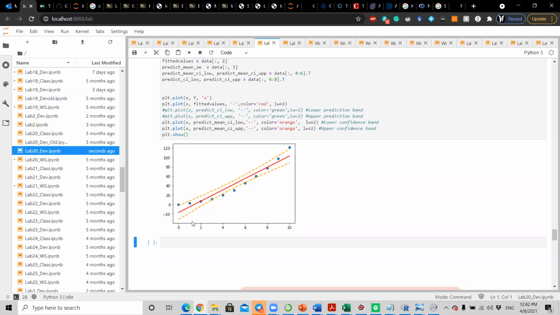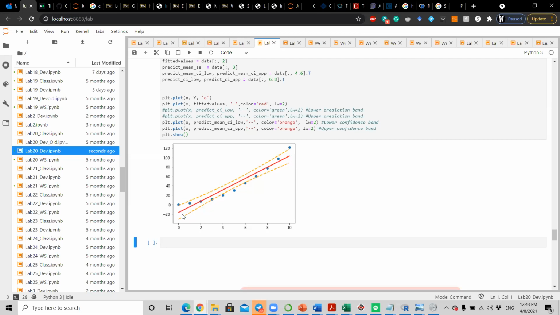Now, it can have a different slope, it can have a different intercept, but it will be somewhere between these orange bands. Okay? Are we clear? A yes would be good.